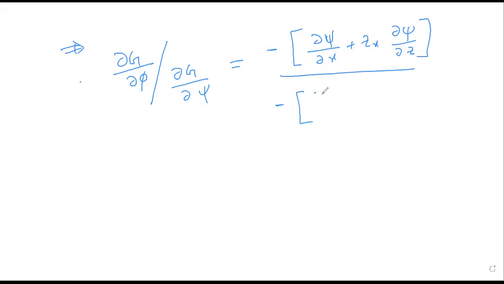You try it, okay? ∂phi over ∂x plus zx ∂phi over ∂z, okay?